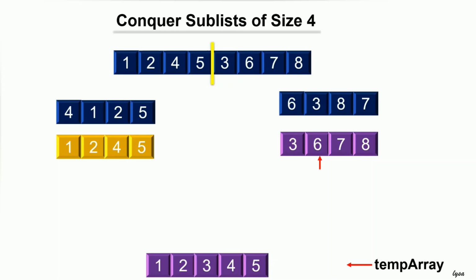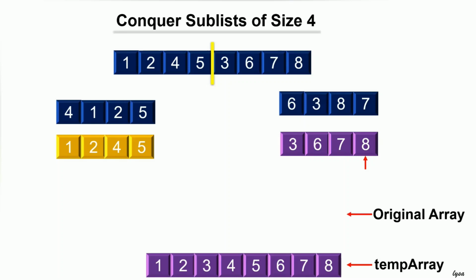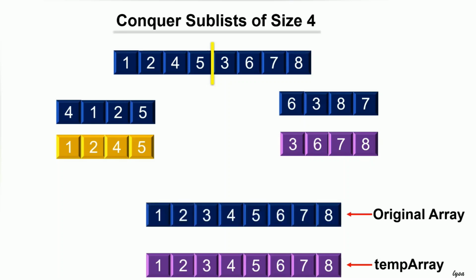So I just need to write them down as 6, 7, and 8. This is possible because both the lists are already sorted. Now the original array becomes 1, 2, 3, 4, 5, 6, 7, 8 when we rewrite the temporary array into the original array.